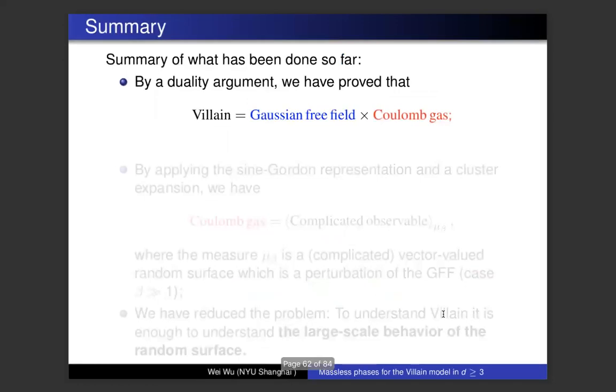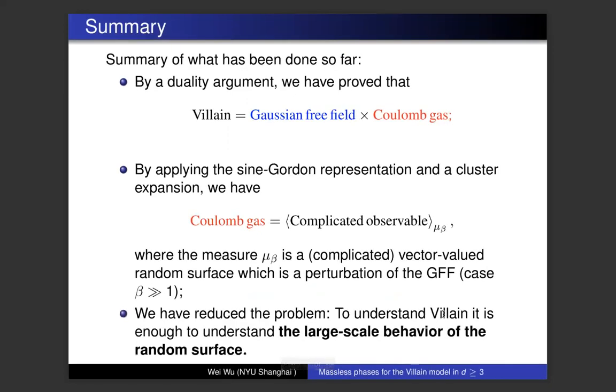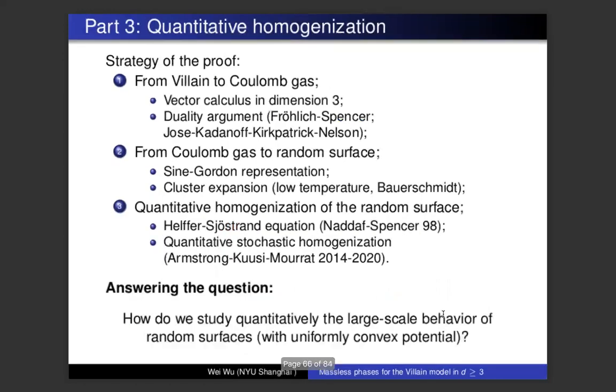Okay, so we already did these first two, the duality and the renormalization, and now let me start telling you how we study this complicated looking Gibbs measure, or the random surface models. This is going to be based on some PDE technique.